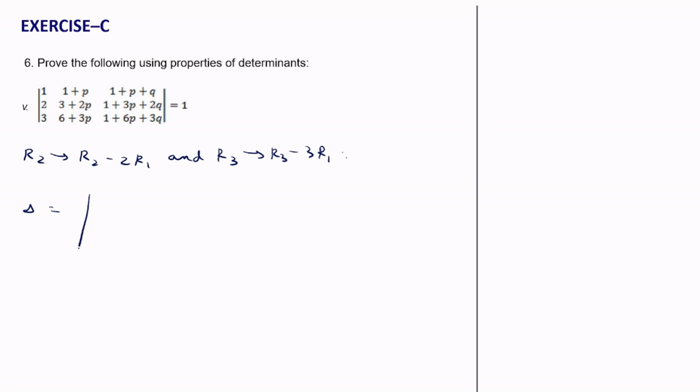So delta is, first row remains the same. Second row 2 minus 2 0, and then we have 3p plus 2p minus 2 minus 2p.